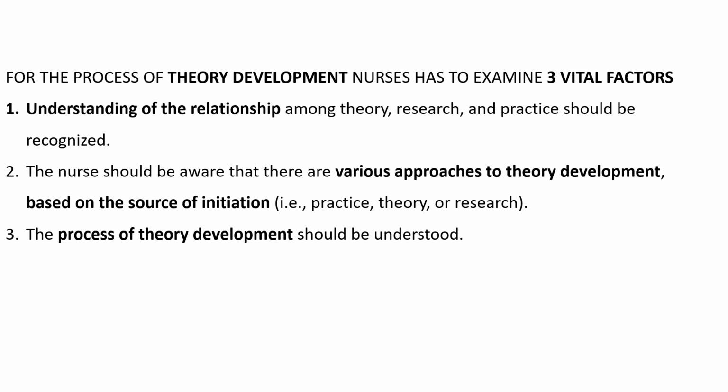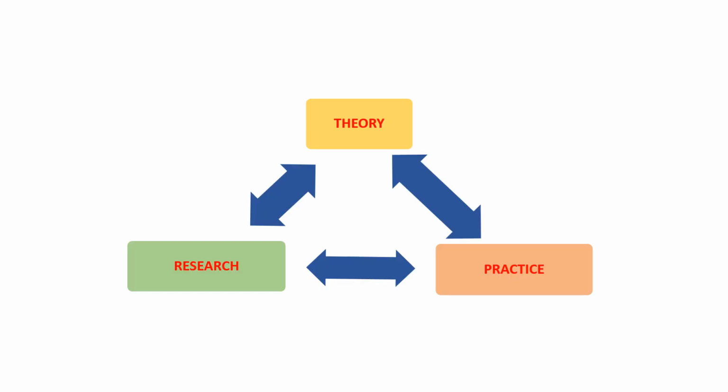First is understanding of the relationship among theory, research and practice. We know that the relation is like a circle. All three are interrelated. If we are talking about the relationship between theory and research, research validates and modifies theory.